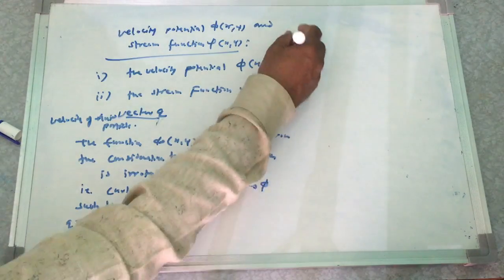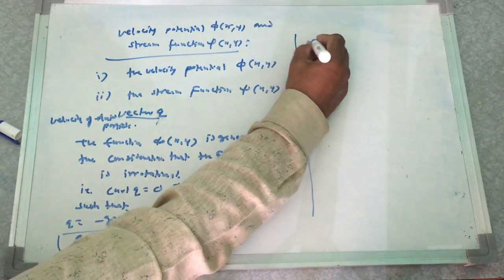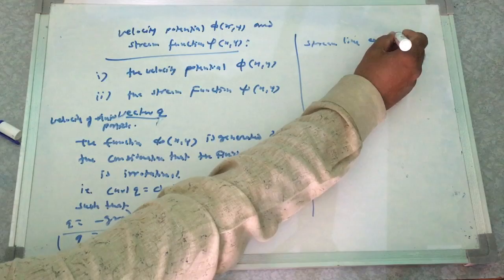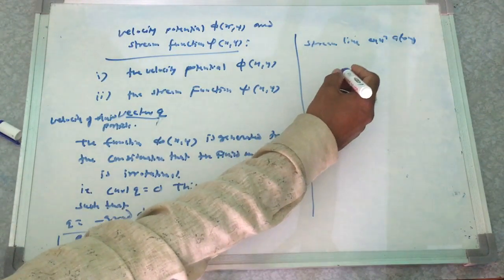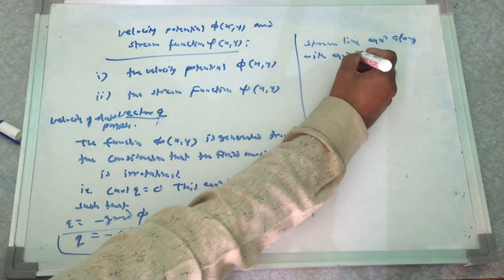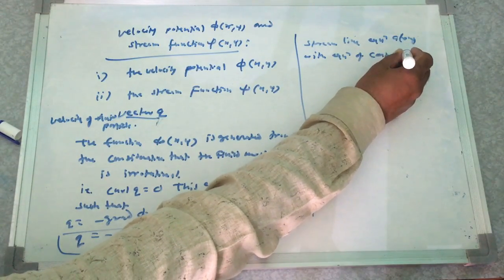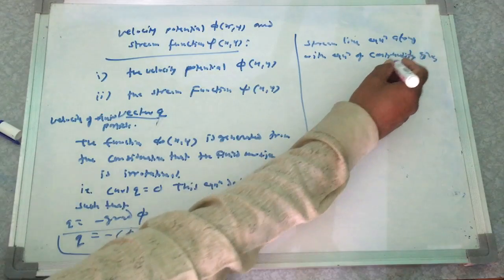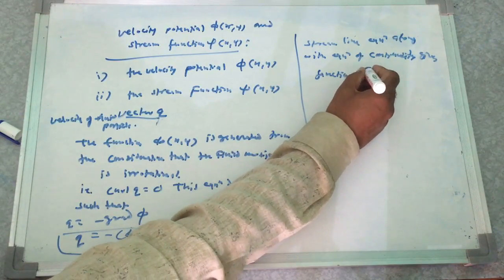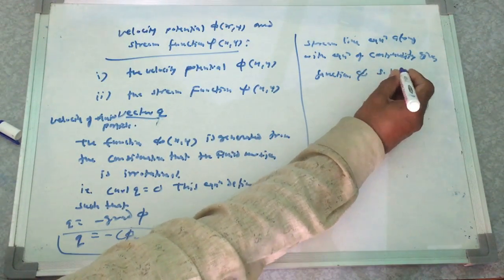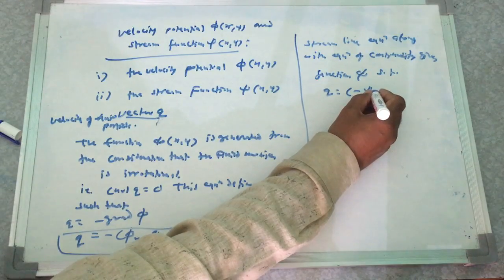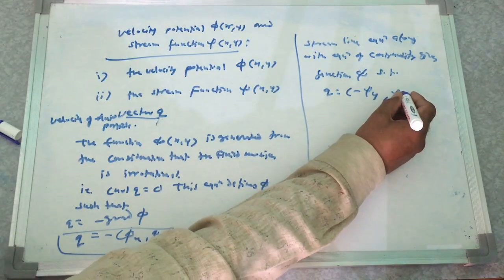Similarly, the streamline equation along with the equation of continuity gives rise to the function psi such that q is equal to minus psi suffix y and psi suffix x.